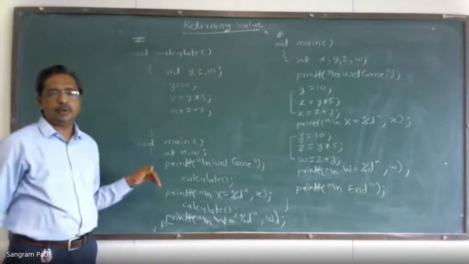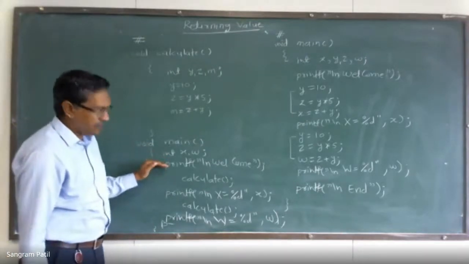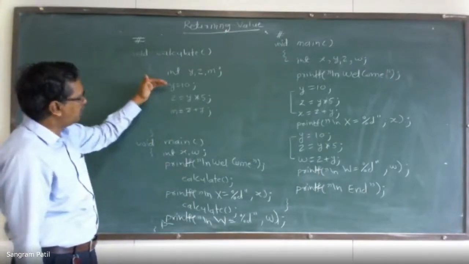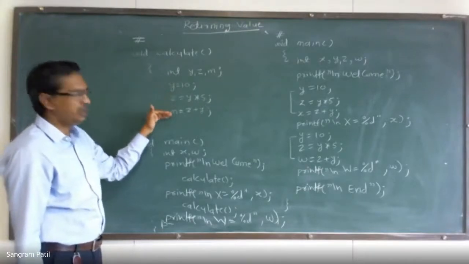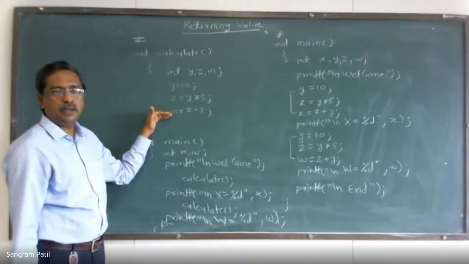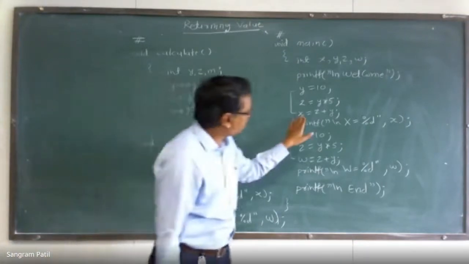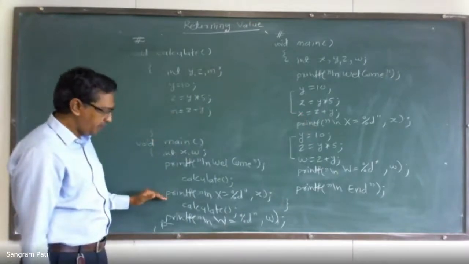Now when we execute the program, it will give you welcome. Then calculate, it goes to execute function calculate. y is equal to 10, z is equal to y into 5, m equal to z plus y. Now this value of m we want as x. Then it will print value of x.